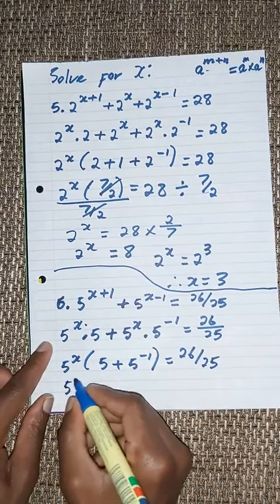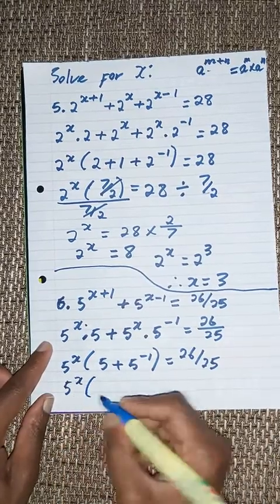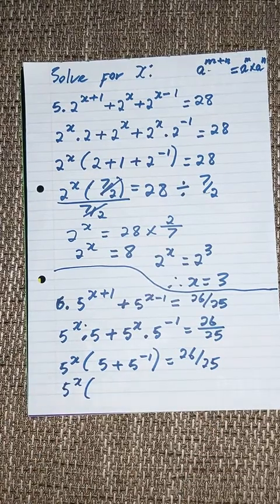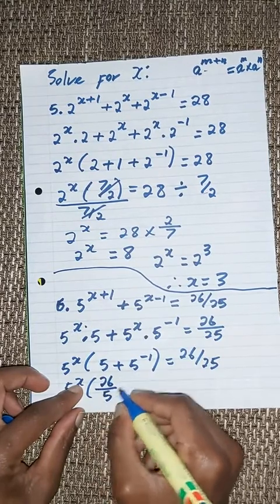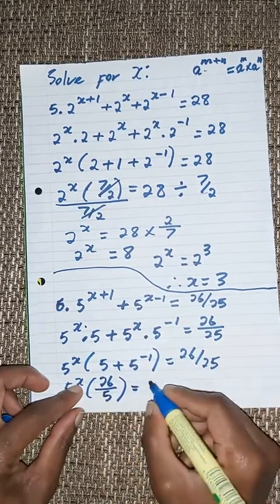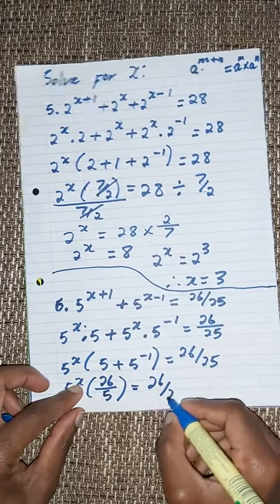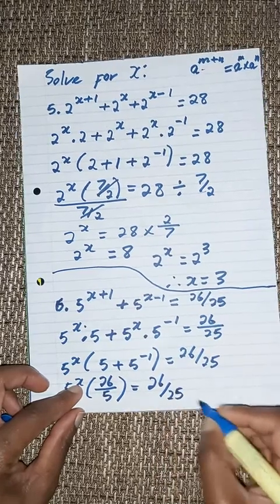So I'll have 5 to the power of x in brackets, 5 plus 1 over 5, which is supposed to be 26 over 5. 26 over 5 is equal to 26 over 25, right?